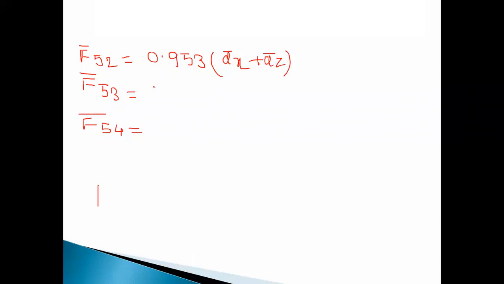Then F bar 53 is equal to 0.953 into bracket minus a bar y plus a bar z, minus a bar y plus a bar z, correct.